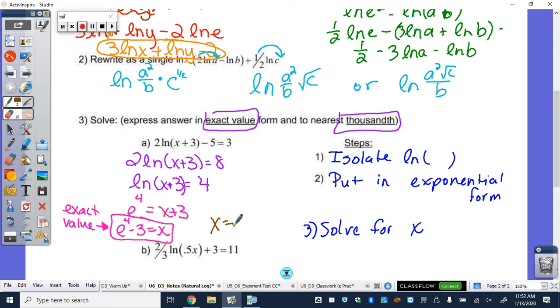So go ahead, type that into your calculator, e to the 4th, and then minus 3. We'll get our decimal answer that they also wanted. Which we should get 51.598. Nearest thousandth is 3 numbers after.